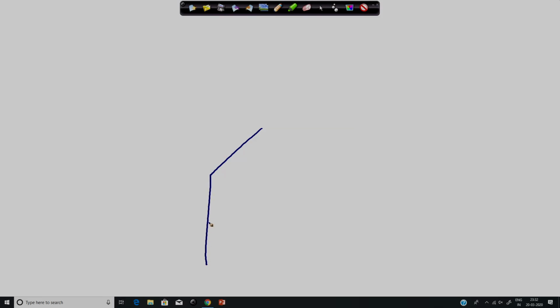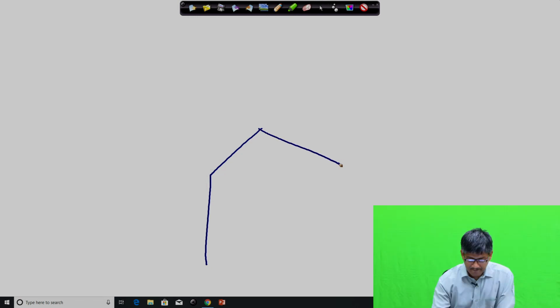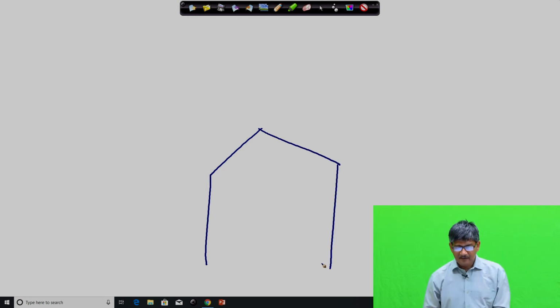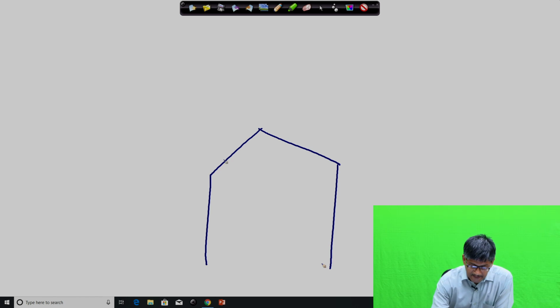Next question which has appeared is that kindly explain about auxiliary orthogonal rake with a sketch. So, let us try it out. All right. So, here I have a cutting tool. When I am talking of the main cutting edge, this is the main cutting edge.